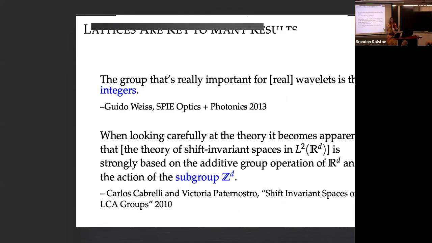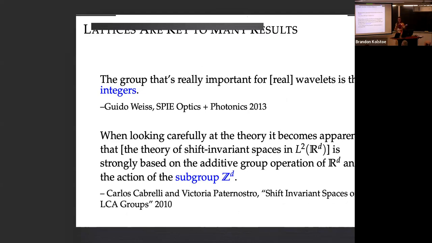Even though Beurling density is about sets that don't necessarily have algebraic structure, it's still somehow trying to compare them to sets with algebraic structure. A lattice structure is underlying a lot of things that we do, not just in Gabor, but in general in harmonic analysis. So Guido Weiss said at the SPIE Optics and Photonics in 2013 that the group that's really important for real wavelets is the integers.